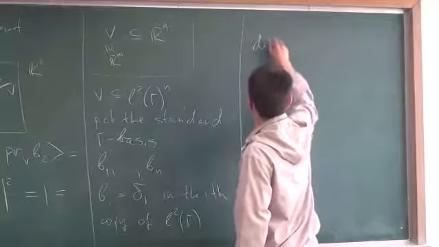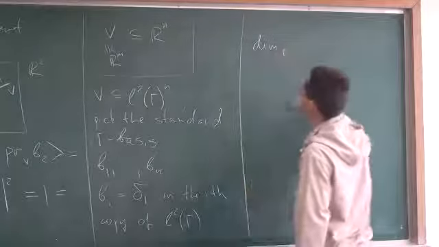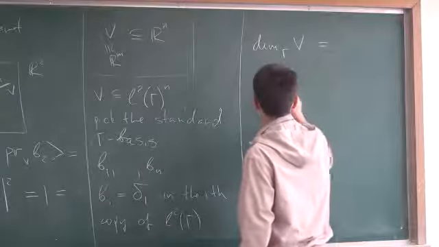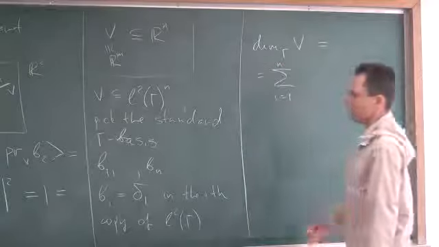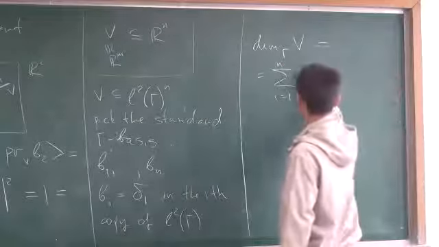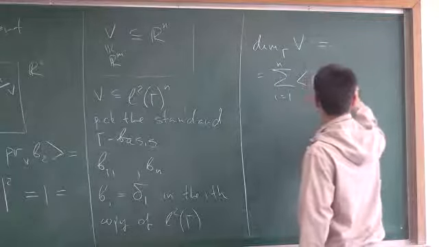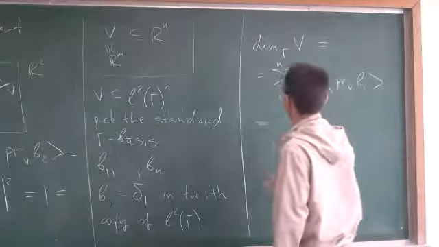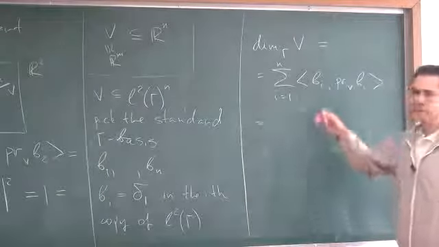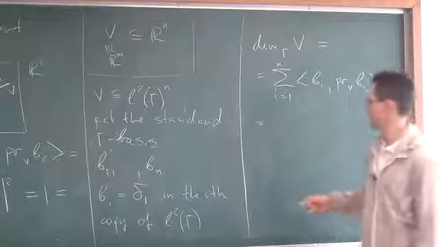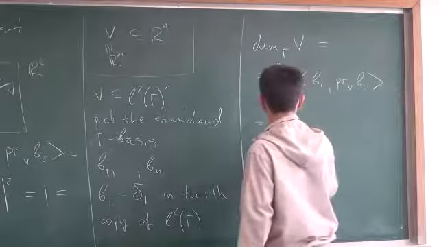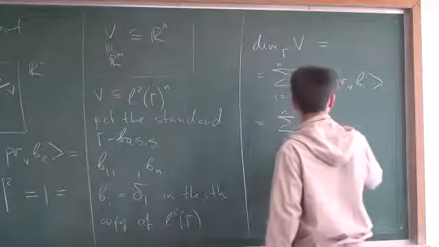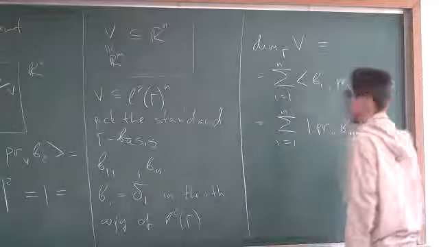And then the dimension over gamma of V is defined to be the sum, i goes from 1 to n, of the same expression. So it's the inner product of Bi and the projection onto V of Bi. This is also known as the von Neumann trace of the projection. It's the sum of the length of the projection of Bi squared.